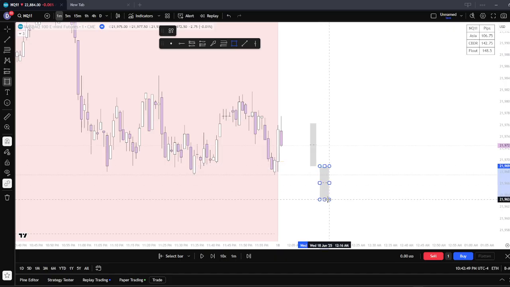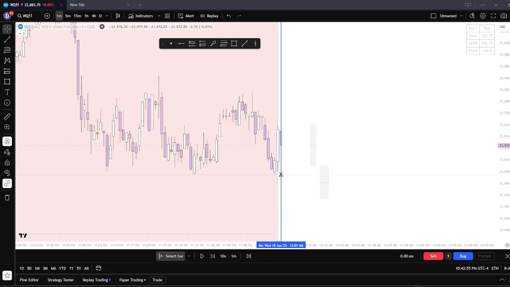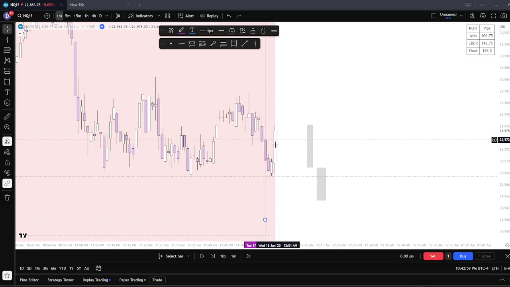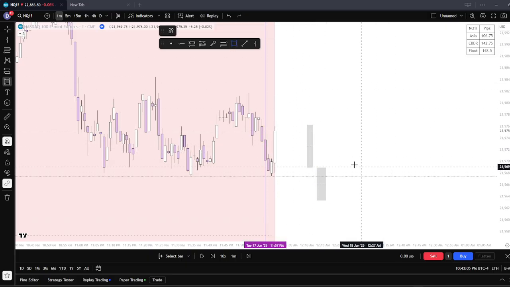I'm going to just use swing high and swing low, but the middle one, we're not even looking at this one, okay? Don't look at any other candle past these three. The first one has to be a low, and the third one has to be a high.